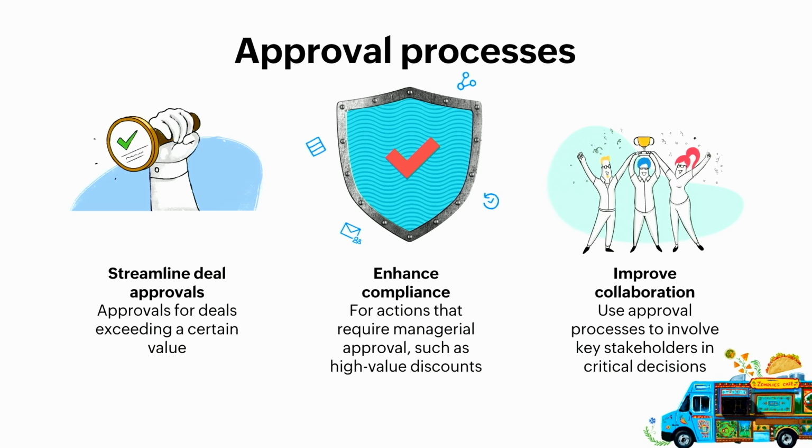Then I can have my manager come into the deal and approve it as well. Now that also kind of ties into the compliance, right? So actions that require managerial approval, high value discounts, that's all something that we can achieve here with these approval processes. And it also maintains adherence to those policies that you guys create within your company.